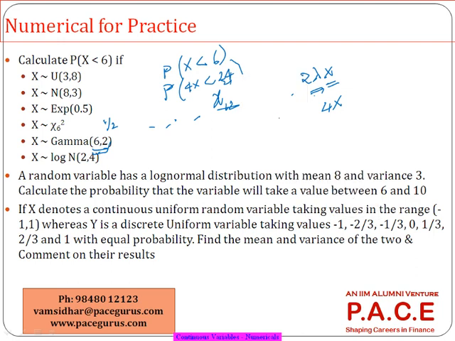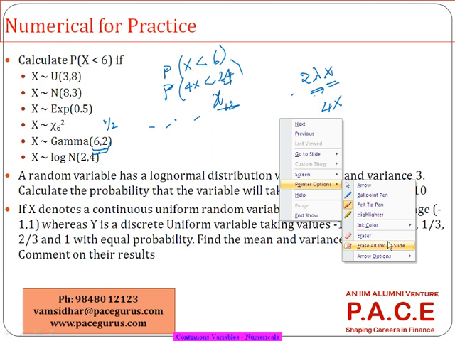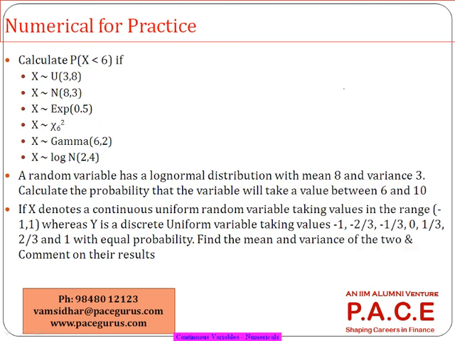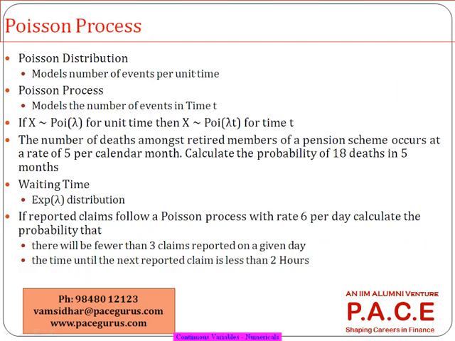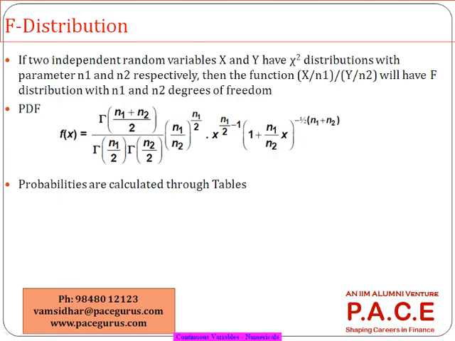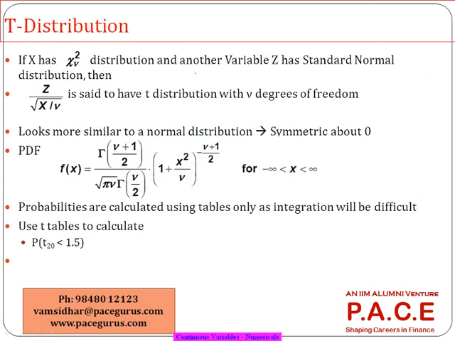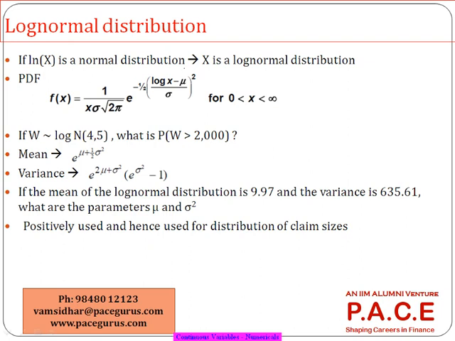A random variable has a log normal distribution with a mean 8. The mean of the log normal distribution is 8. It's not mu. Right? Mean of a log normal distribution, as we have seen, when you go back to your formulas, is e power mu plus half sigma squared.